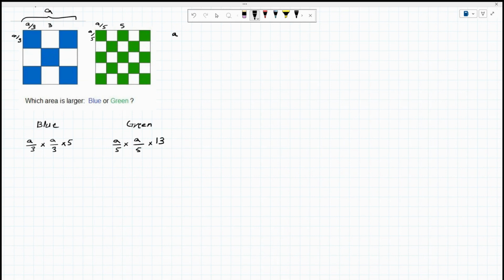Okay, on the left side we're gonna have a to the power of 2 divided by 9 multiplied by 5. And on the right side we're gonna have a^2 multiplied by 25 multiplied by 13. And again I'm gonna have empty space here, which I'm gonna fill later.